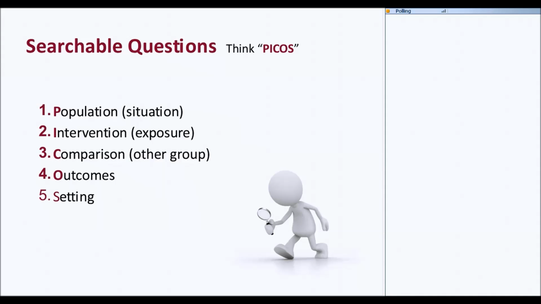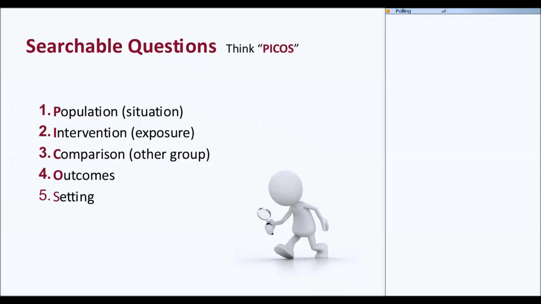Sometimes we might include an F, which could be a particular setting, or a T, which is a time frame. So we might want to know what the outcomes look like 6 months later after the intervention's completed, or 1 year later, or even longer term. Just a nice way to think about what that issue question is all about.